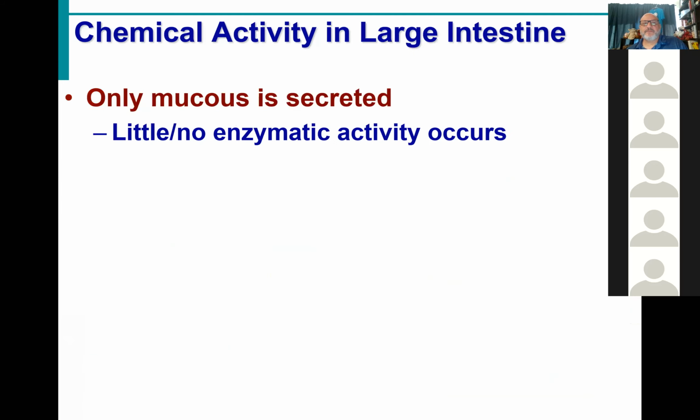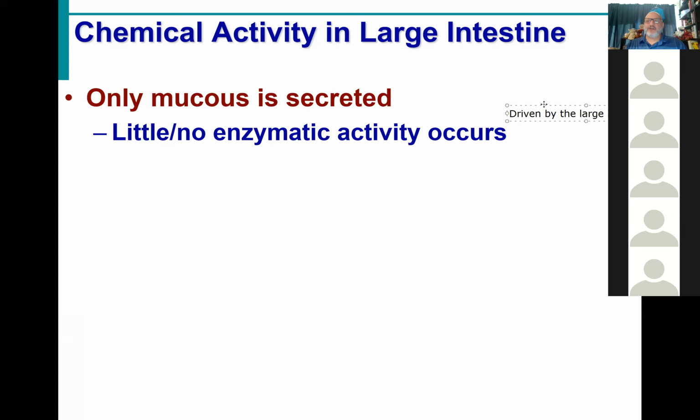All right. Let's talk about the chemical activity in the large intestine. As I already mentioned, the only major secretion that is produced by the large intestine is mucus. Now, again, notice I say little to no enzymatic activity that occurs. What I mean by that is driven by the large intestine, right?